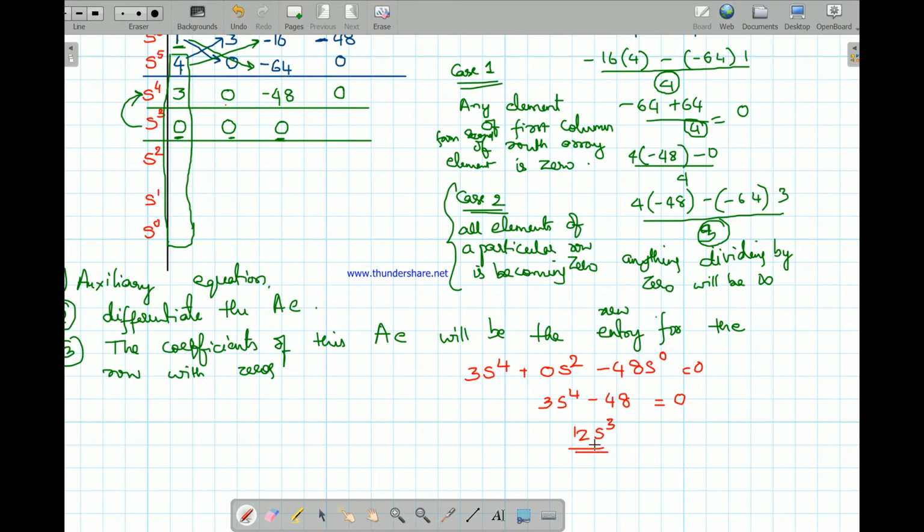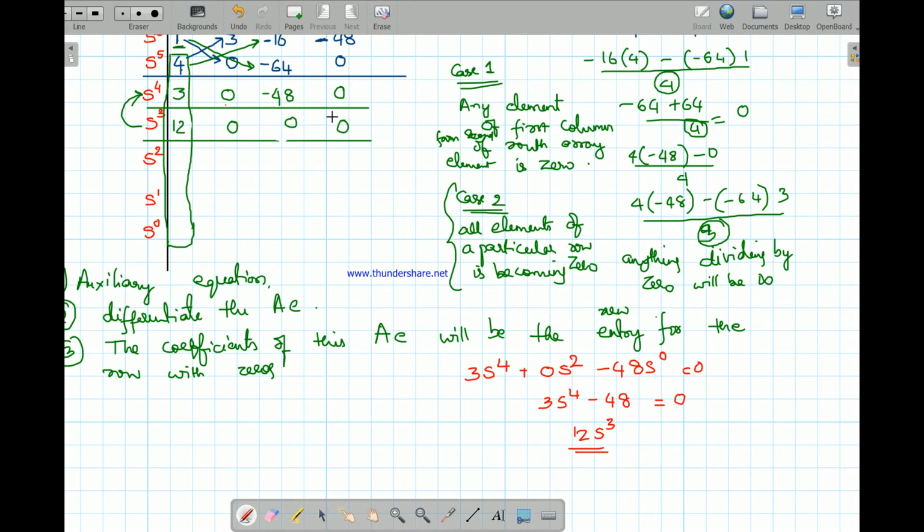Now I will erase these terms, because you need to write a new array. Anyway, I am just writing it here, but your job is to construct a new array. Here the coefficient of s cube is 12, so I will write 12 here, and all other coefficients are again zeros.